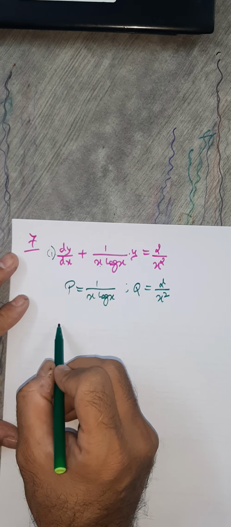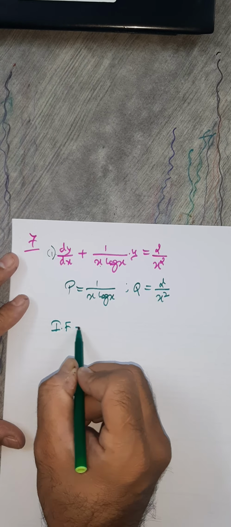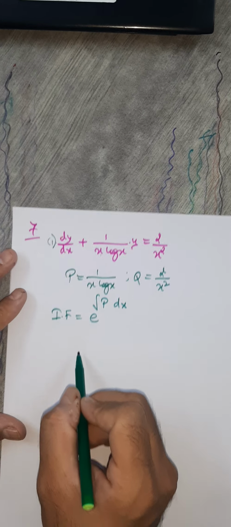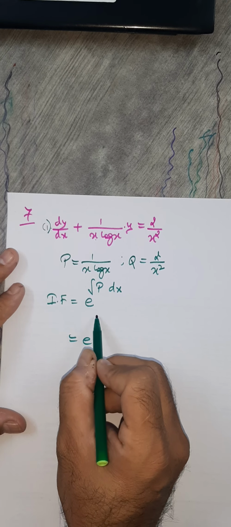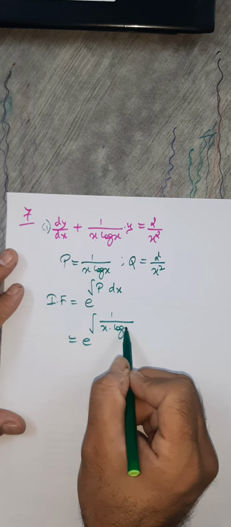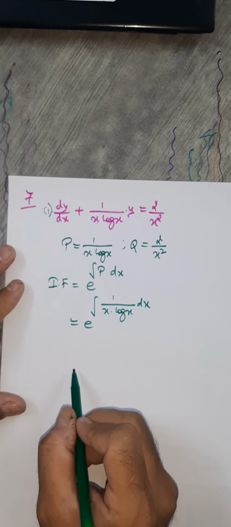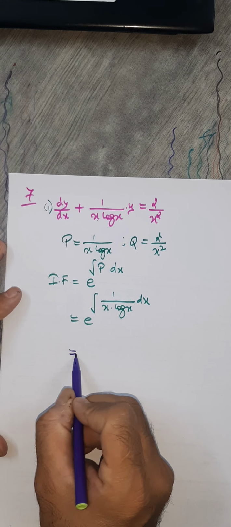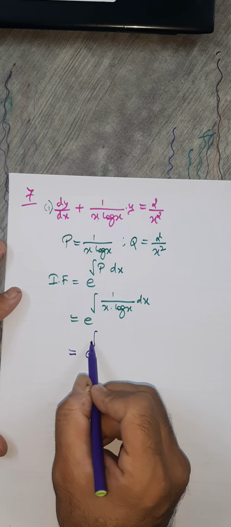This is a linear differential equation. What's the integrating factor? e raised to the integral of p. So you have e raised to 1 upon x into log x dx. How do we integrate this? Every time, have you noticed, questions basically come down to integration only, remember. So you must have good command over integration.